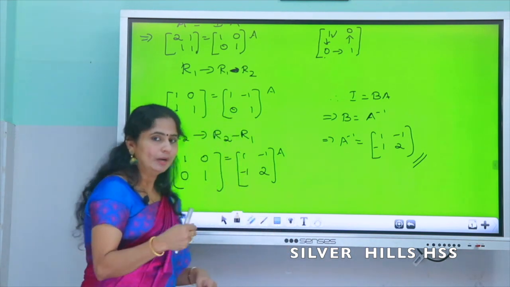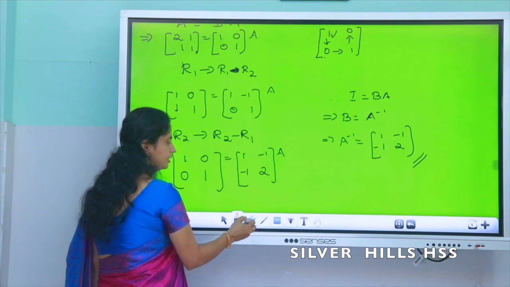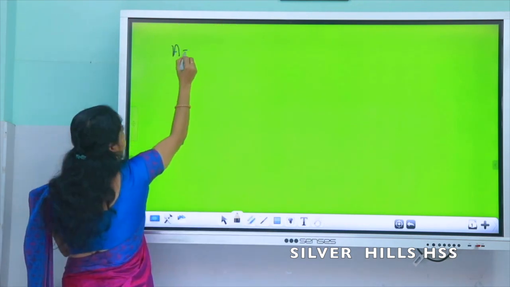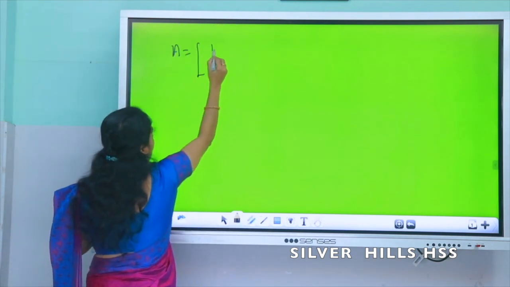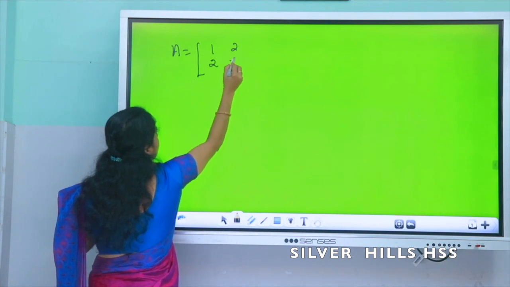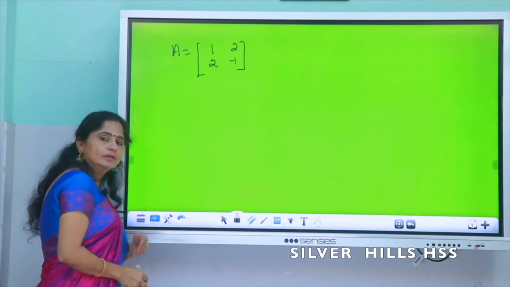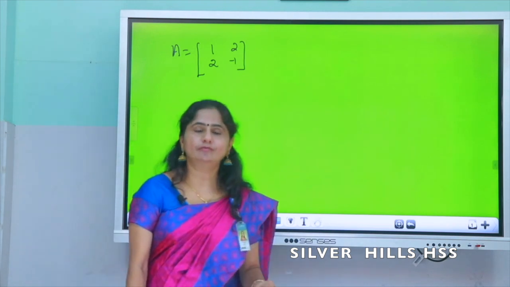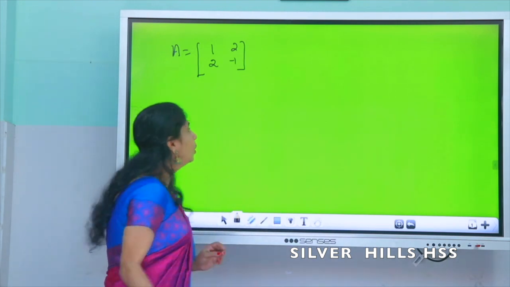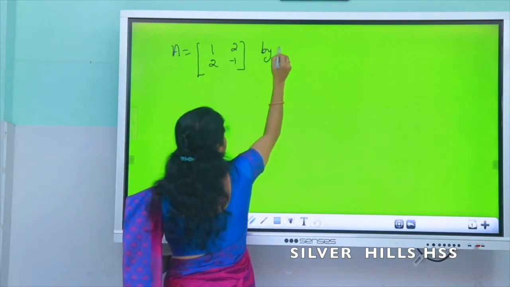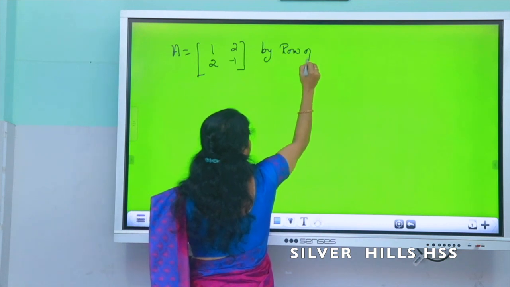Now we'll see one more problem using the row operation. A is equal to 1, 2, 2, minus 1. We are going to find the inverse of the matrix by row operation.